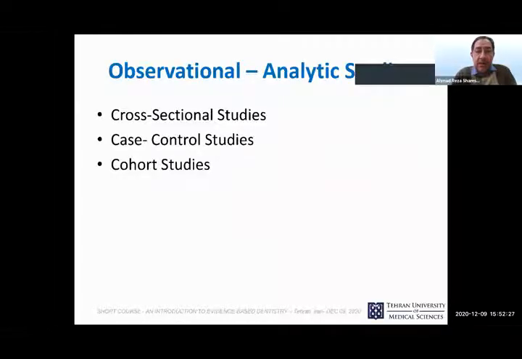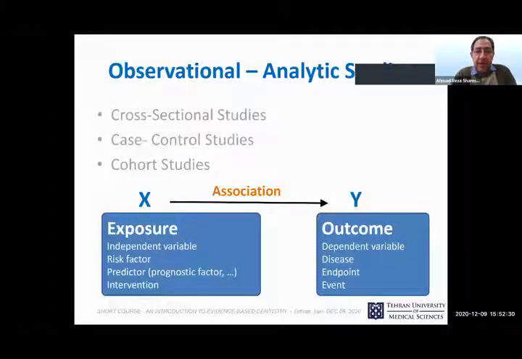In analytical studies, we try to investigate the association between at least two variables, here X and Y. We name X the exposure variable, independent variable, in some cases a risk factor, predictive factor or prognostic factor, or also maybe an intervention in clinical trials, for example.